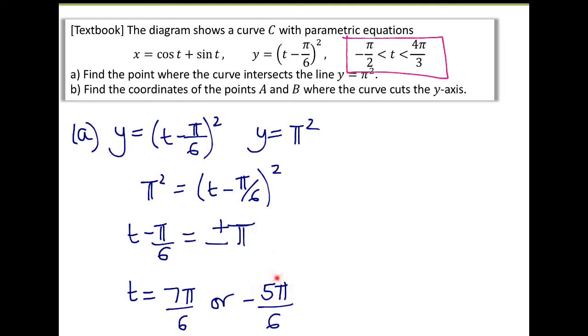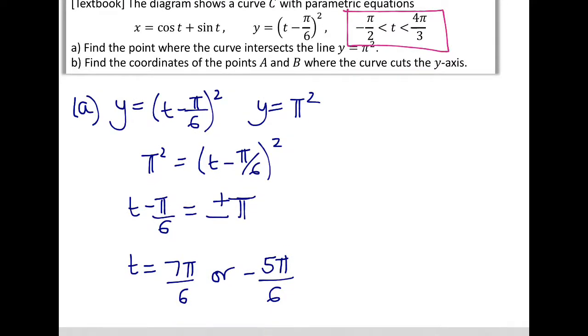This one isn't possible. Now let's just check this one is possible. 7 pi over 6. Well, let's make the denominators the same. That's 12 pi over 6, if I times the top and bottom by 2. So that one's fine, but this one isn't. So I do need to make a comment about that.